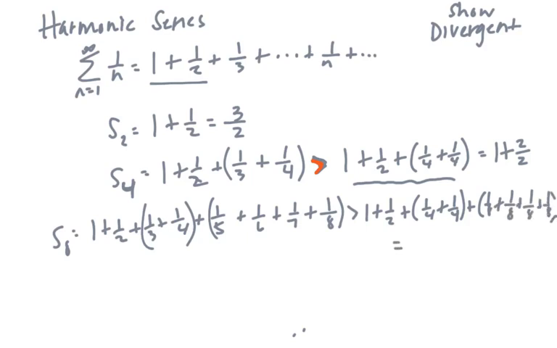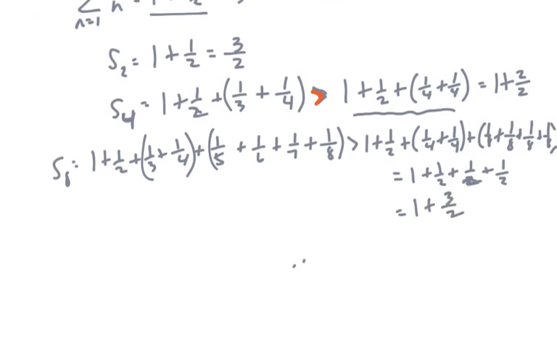Now this part over here is equal to 1 plus 1 half plus 1 half plus 1 half. So you see all the halves happening? So this is technically equal to 1 plus 3 halves. Now we're looking for patterns because sequences and series are about patterns. And S sub 16 equals 1 plus 1 half.